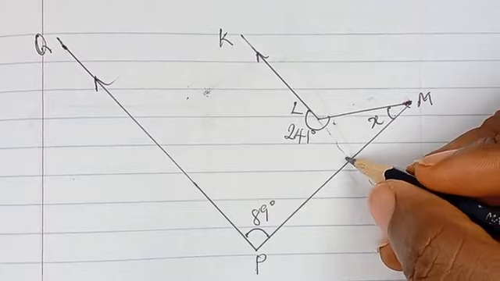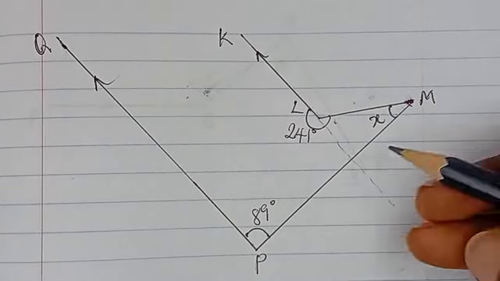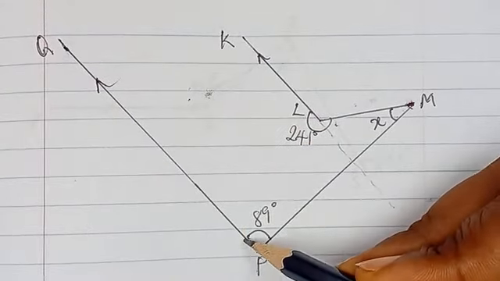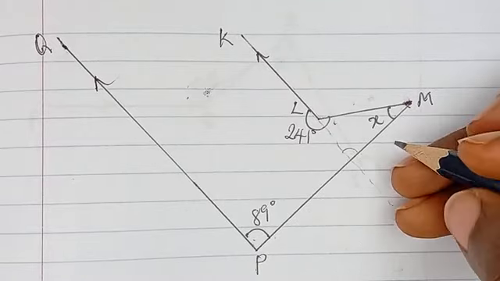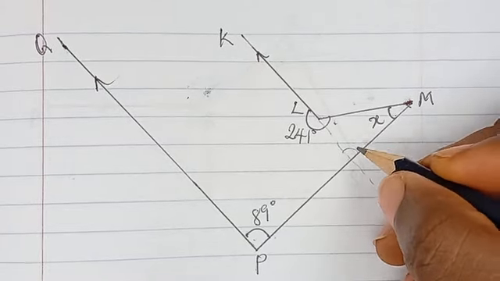Now for this angle, can we see where 89 degrees is? We can see these are parallel lines, right? As this is here, this is also here. So these are corresponding angles. This angle is equal to 89 degrees and our reason is corresponding angle.